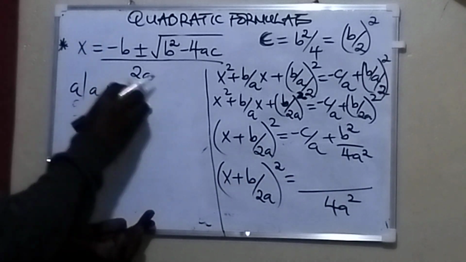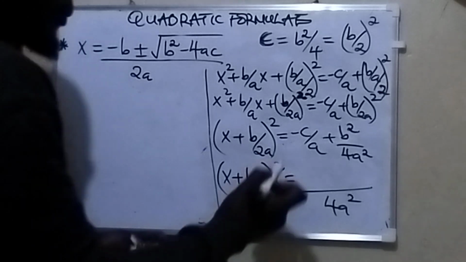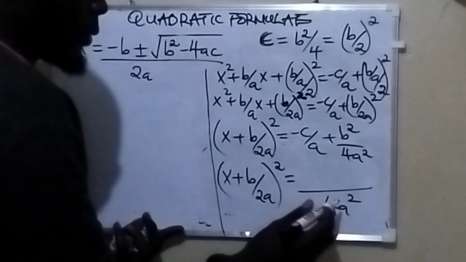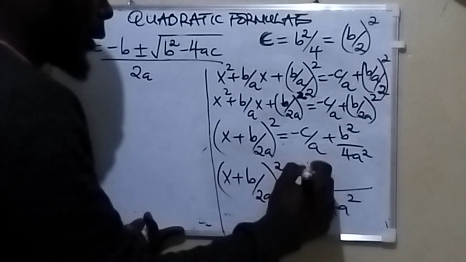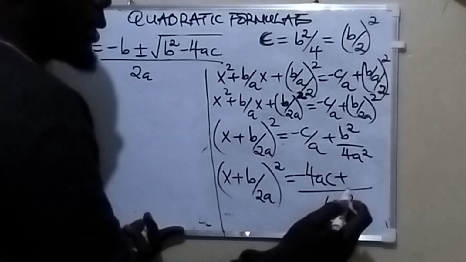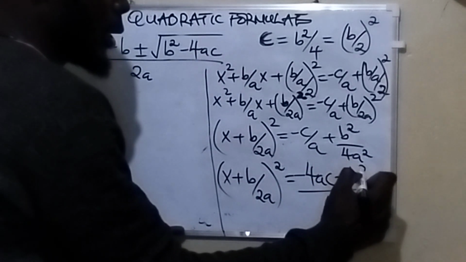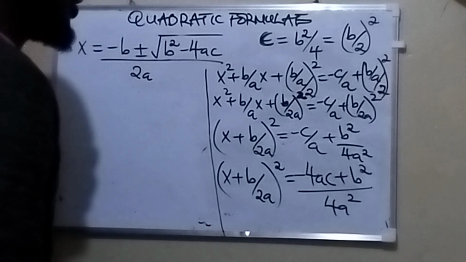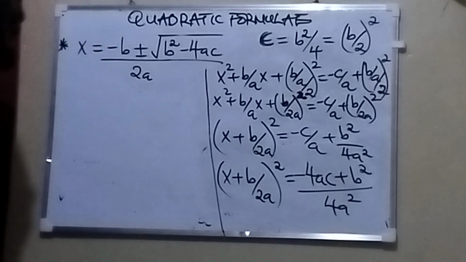So a goes into 4a squared how many times? It goes 4a times. So you have minus 4a times c, plus, it goes 1 time, so plus b squared. That gives b squared minus 4ac.